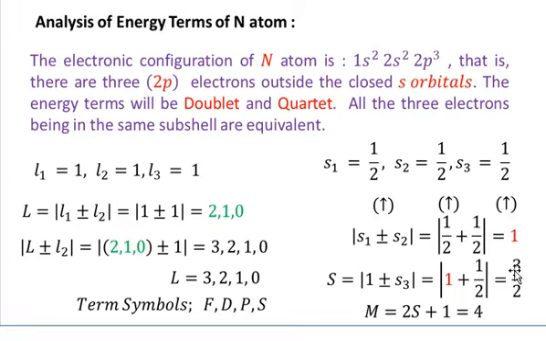So 1 plus half will be equal to 3 by 2. And if you put 3 by 2 over here, you will get multiplicity equal to 4. So this is how the 3 orbital quantum numbers can be combined, and how the 3 spin quantum numbers can be combined to give you the total spin capital S, and similarly the total value of the orbital quantum number capital L.